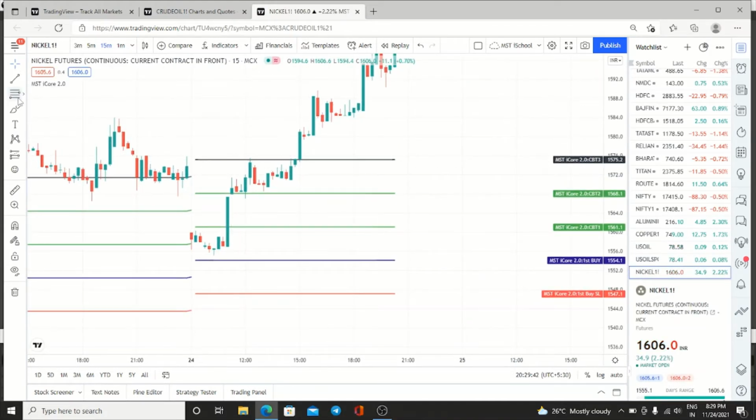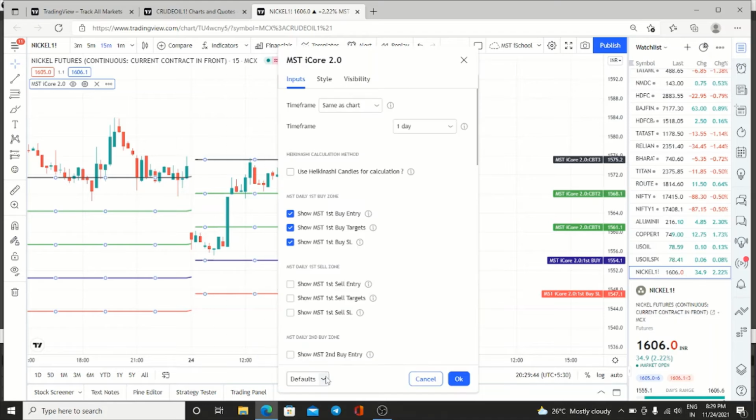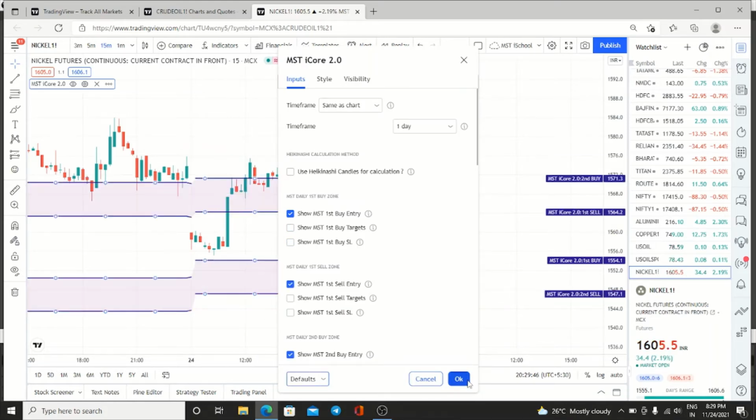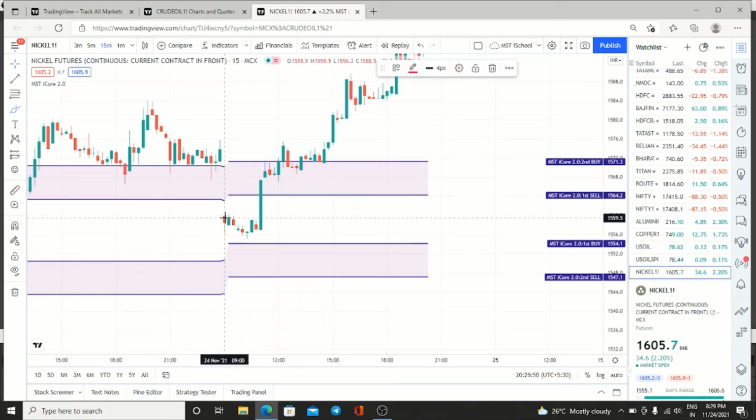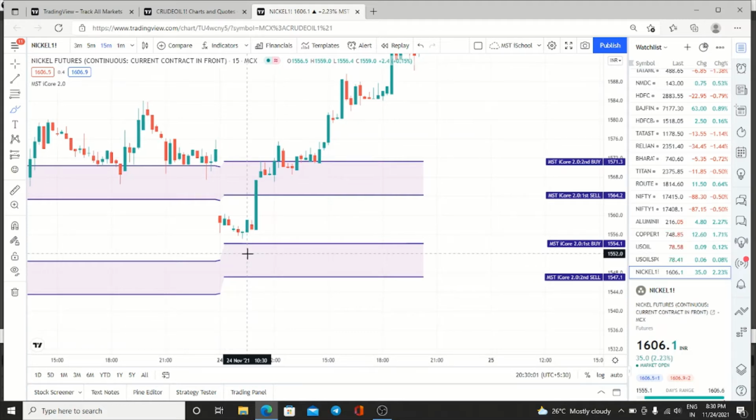See here, I am making default settings. Now we have to wait to see whether the market reaches this side first or this side first. Now the market has come down to the buy entry only. The buy entry was at 1554, but the low made was 1555.